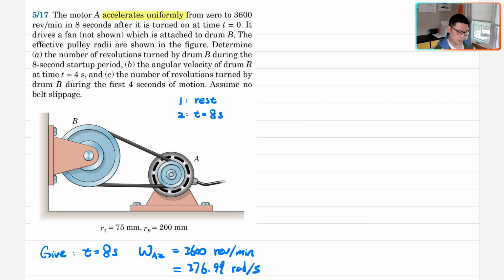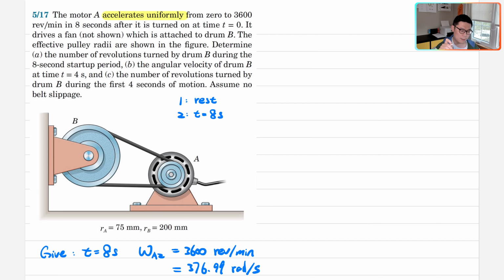Then let's take a look here. What do we want? We want the number of revolutions turned by drum A during the 8-second startup period. That means how many circles does it go? If you recall from the lecture slides, in curvilinear or linear motion, this is essentially the displacement, but measured in terms of angles.